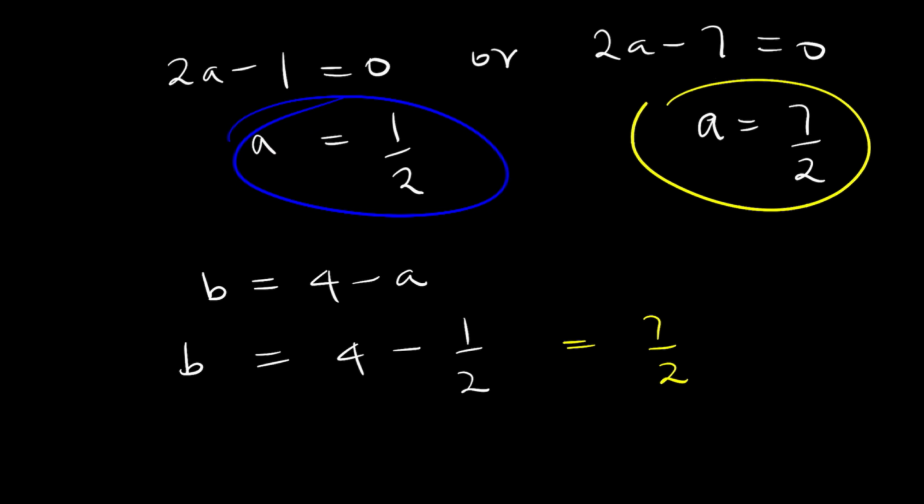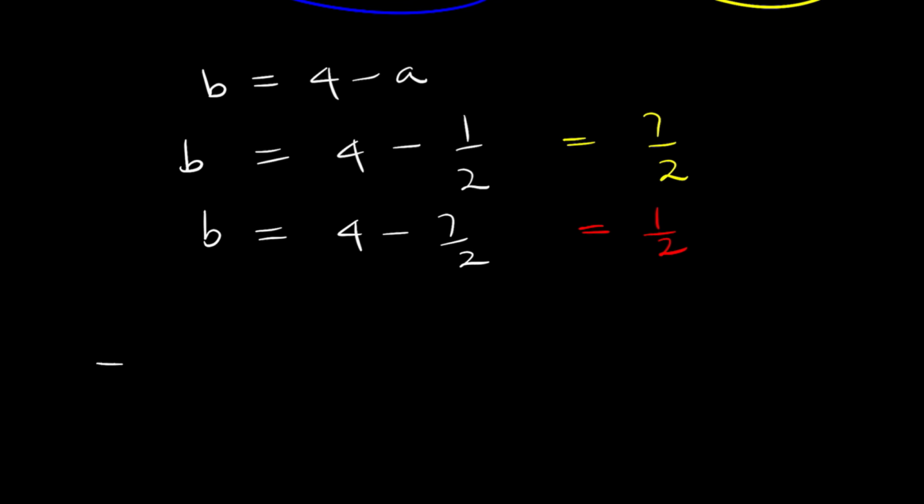If we go ahead and do for the second value of a, then b is going to be 4 minus 7 over 2. That's actually half, which is 1 over 2.